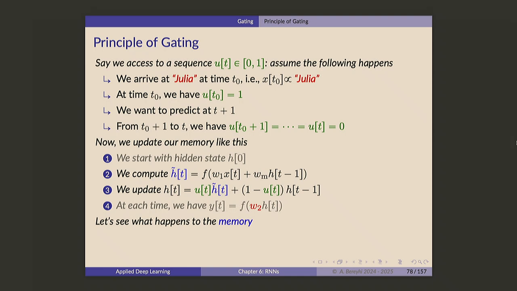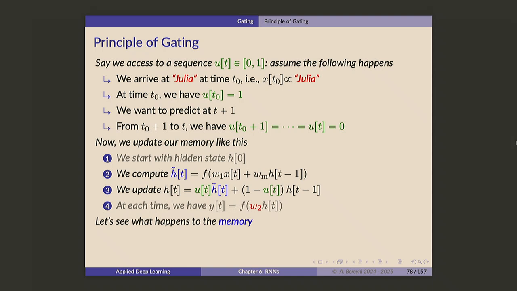Say I am at time t, I compute h tilde t, and then say u at that time is 0. Then that u is getting multiplied to h tilde, it's going to make it 0. Whatever I computed at that time as a hidden state, it's going to get ignored. And what comes out as a hidden state? h t minus 1. So I'm going to keep the memory that I had in the previous time.